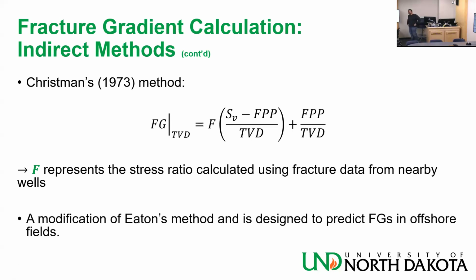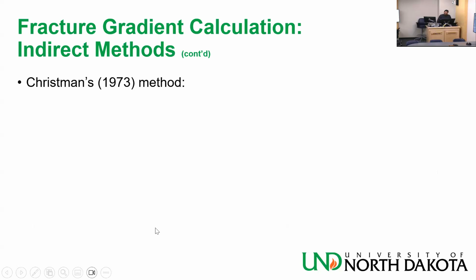Okay, remember Eaton's correlation was derived using data from the Gulf. What is now Gulf of America back then was Gulf of Mexico. So it's very good for this kind of numbers. And this Christmas method is an adaptation of Eaton's method, okay? And it's an empiricism, basically.